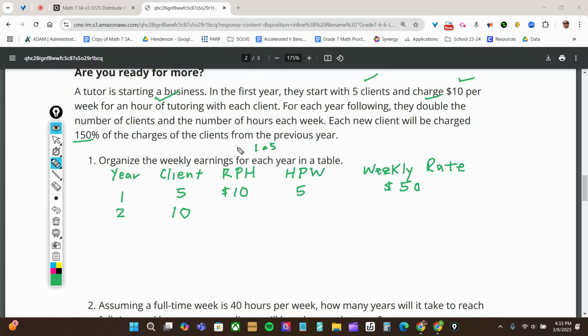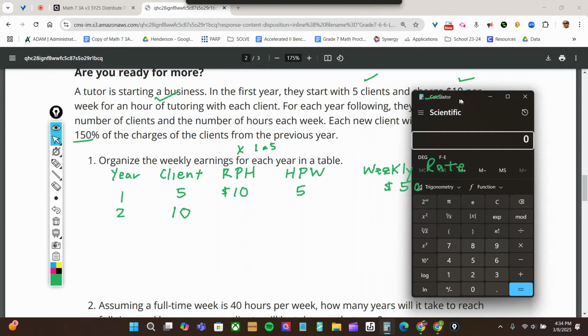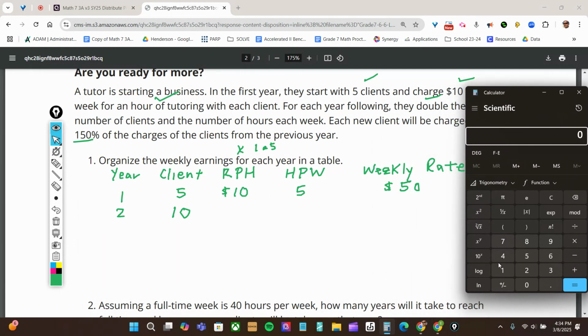So we're going to times 1.5. So 10 times 1.5 equals $15.